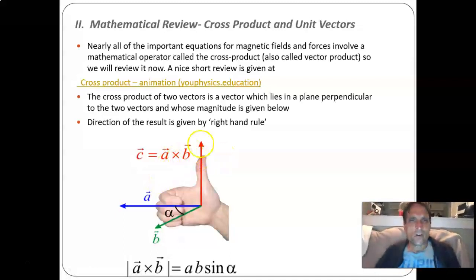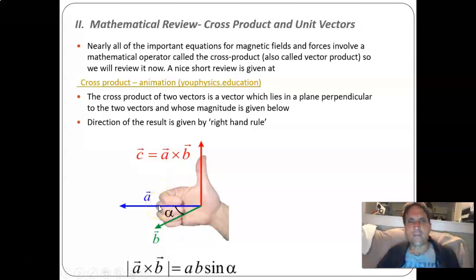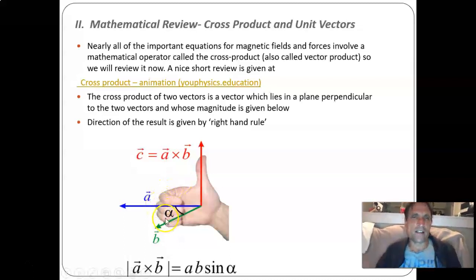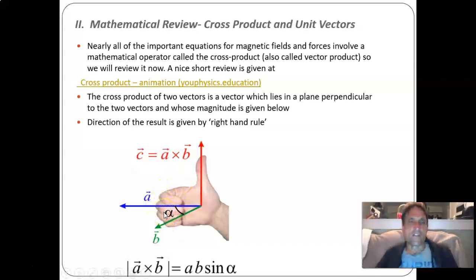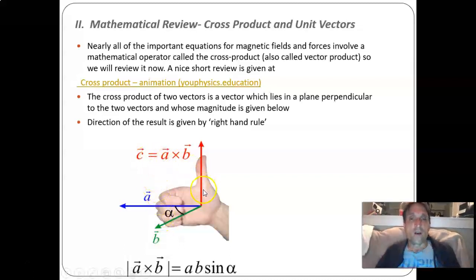So suppose you have two vectors, a vector A and a vector B. The cross product, by definition, this cross product C is A cross B, is a vector perpendicular to the plane containing A and B. So, for example, if A and B lie in a horizontal plane, the cross product C will lie in a vertical plane.